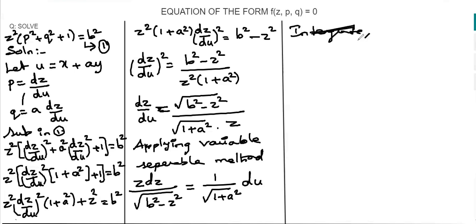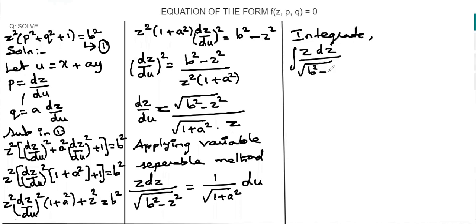So what happens? I have to integrate: integral z dz over square root of b square minus z square equals integral of 1 over square root of 1 plus a square du. Since 1 plus a square is a constant, integral du is enough. Now considering this part, z dz over square root of b square minus z square, we can't do anything directly, so I'm going to use the substitution method.